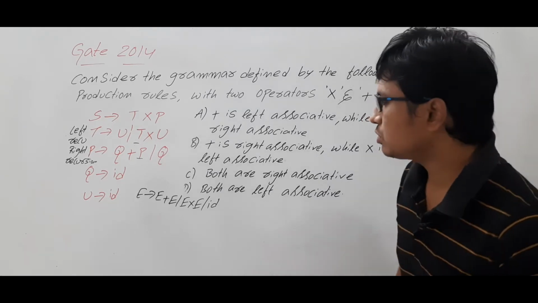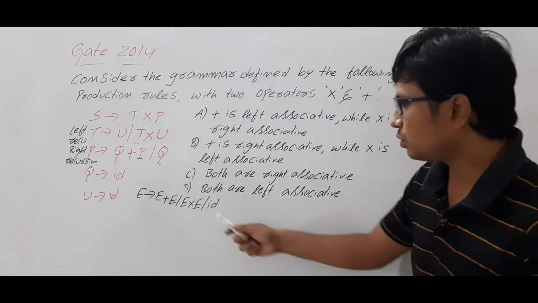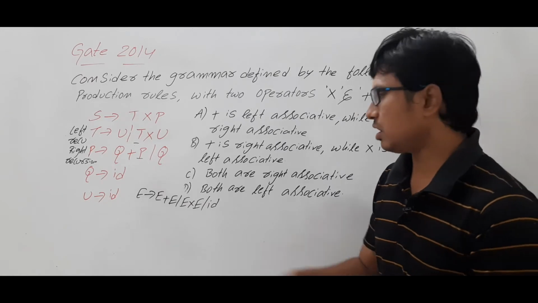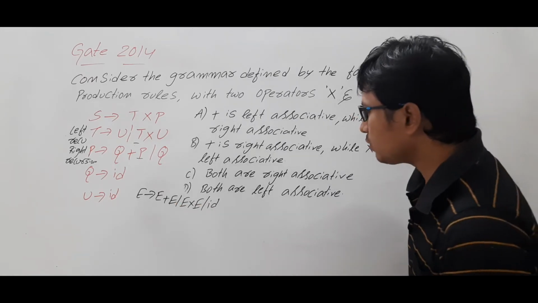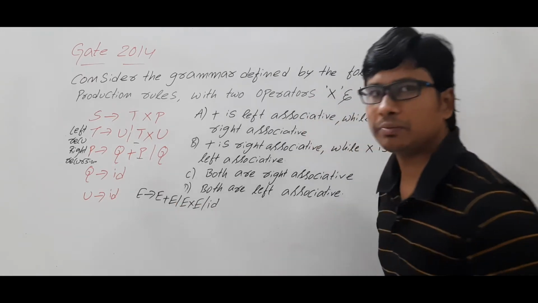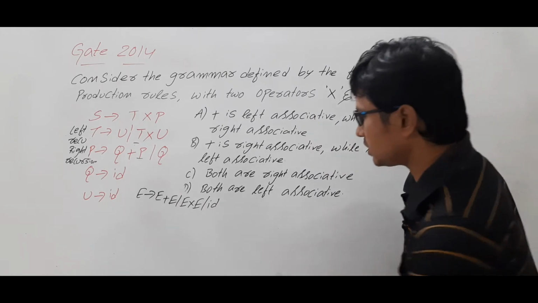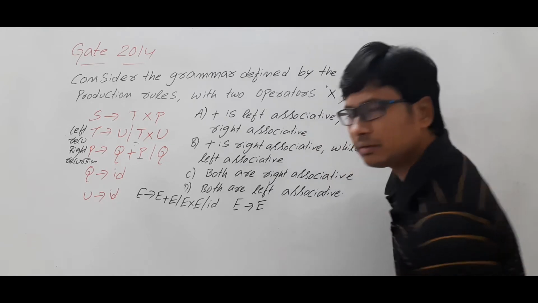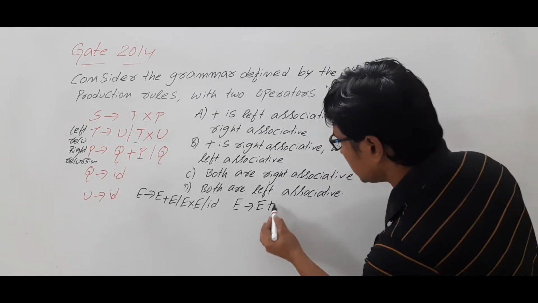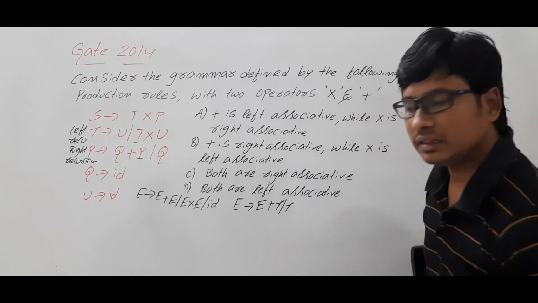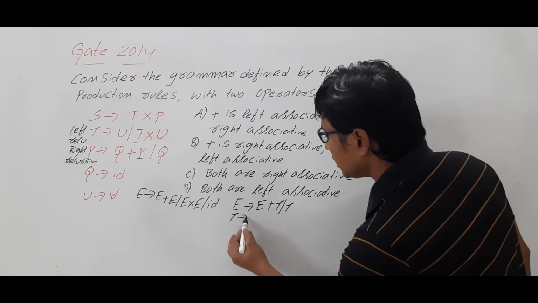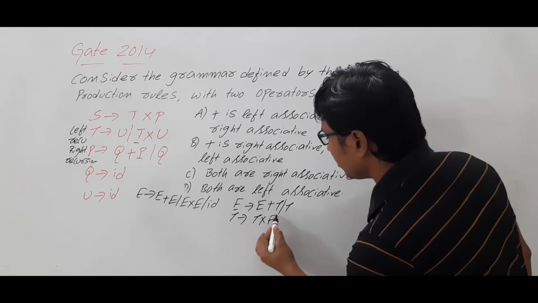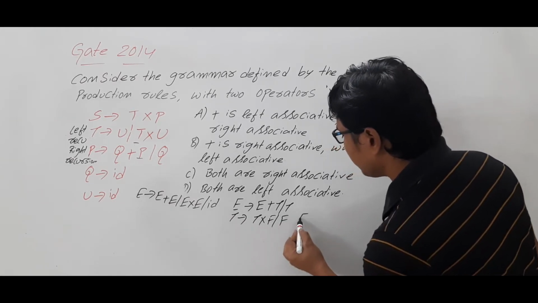Is it clear? So what did we do to eliminate this associativity problem? As usual in mathematics, plus is left associative. So we have written the production as E determines E plus T or T, then T determines T star F or F, and F determines id.